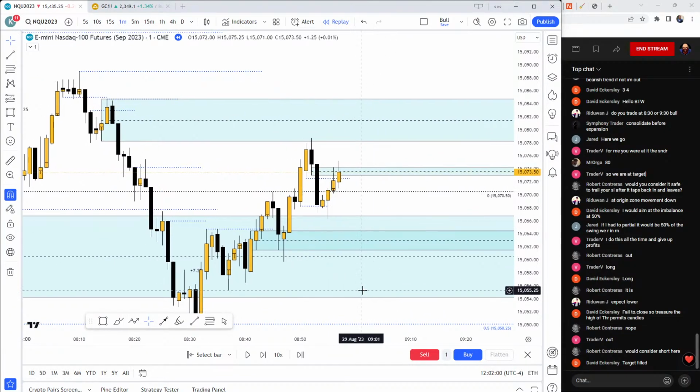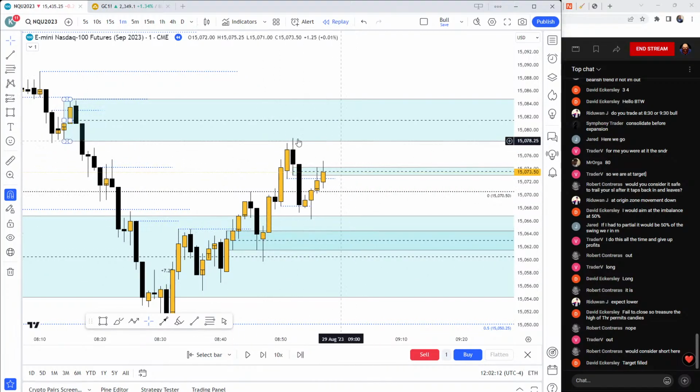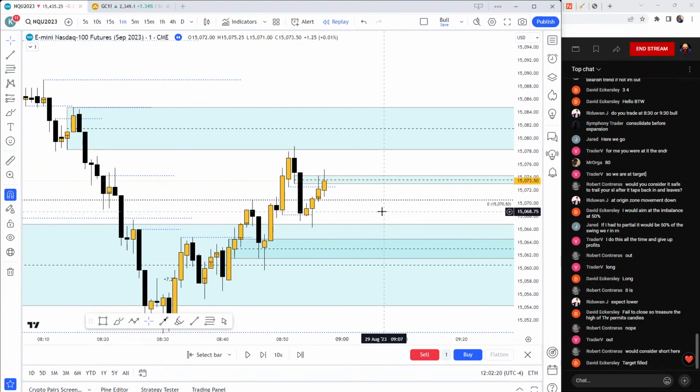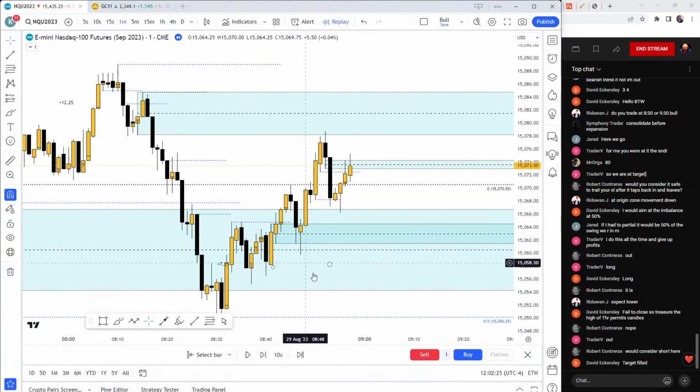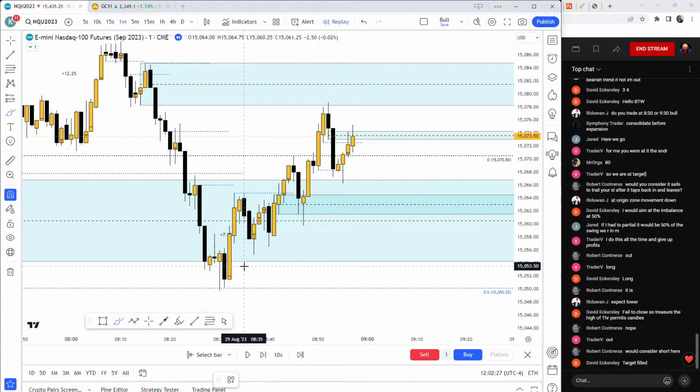What's your short objective? What's been taken for you to go short? We just manipulated long. But you need an objective to trade lower. Now, in fairness, we've got this.